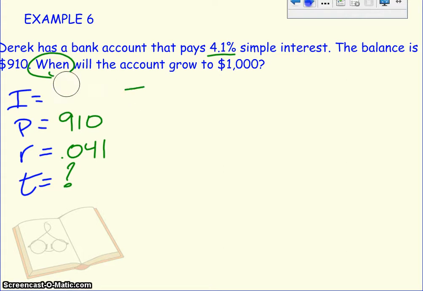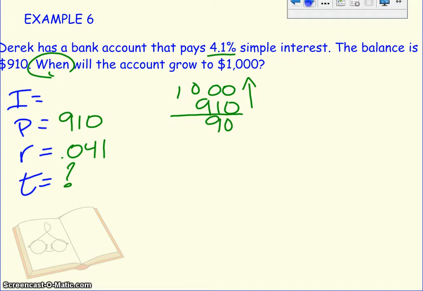So we don't want to do that. It says that the account starts off at $910 and it wants it to grow up to $1,000. So you're looking at the difference, which is $90. Because $90 plus the 910, that will be what gets it to $1,000. So my interest is 90.